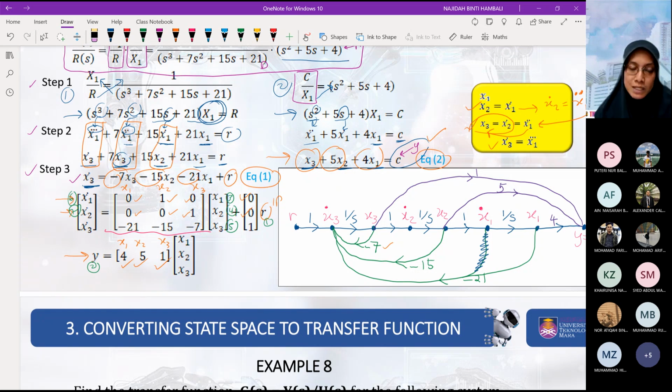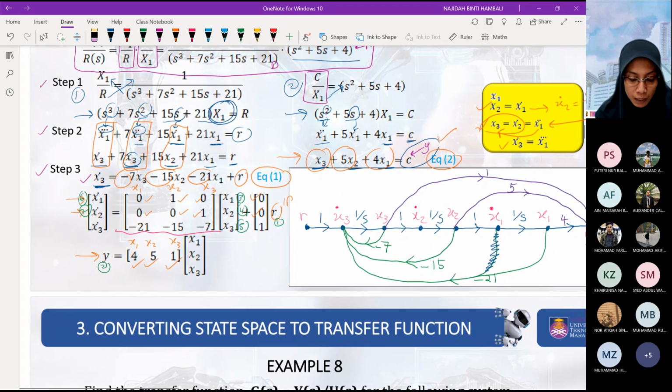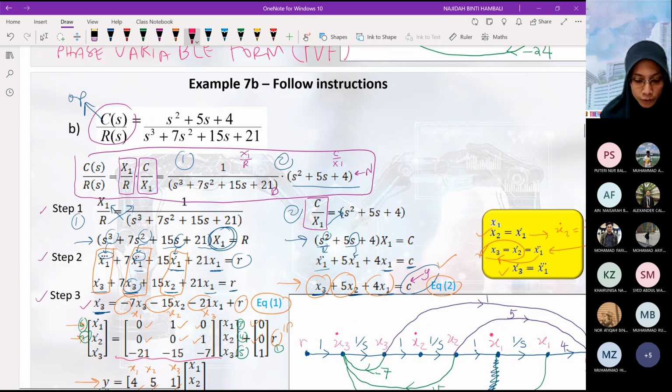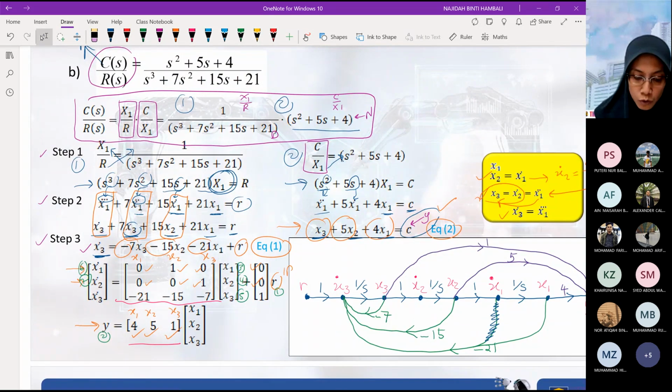Okay, now let's use our second equation for the second part, which is from the numerator. For this one, if you check, y equal to 4x1, 5x2, 1x3. So dia akan jadi forward path. Kenapa forward path? If you check matrix C, dia ikut susunan numerator 4, 5, 1.